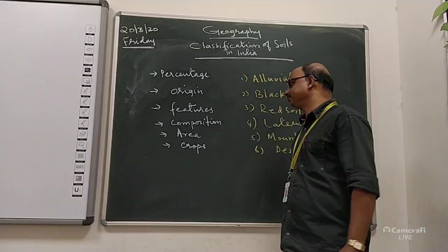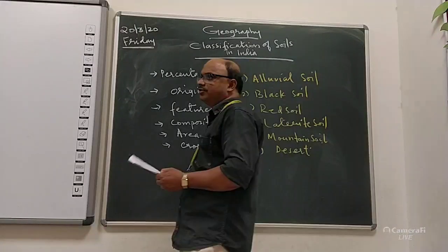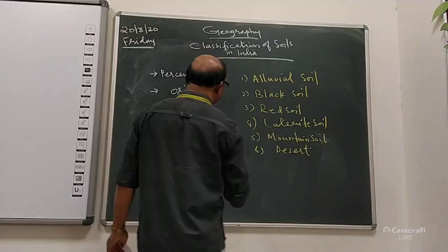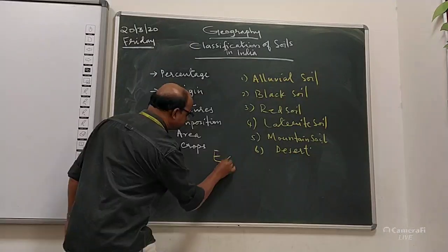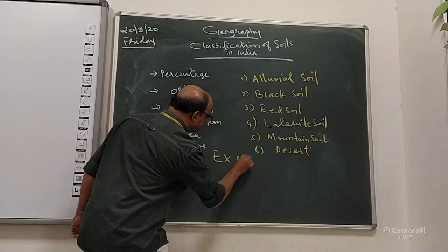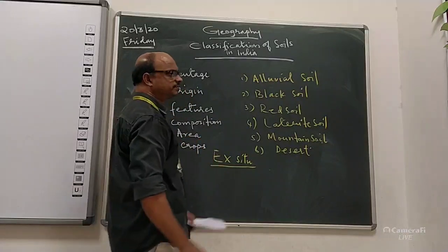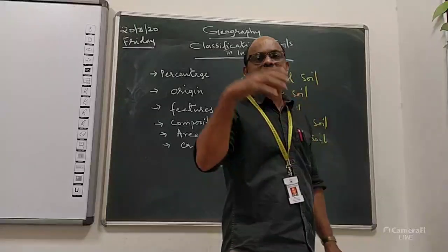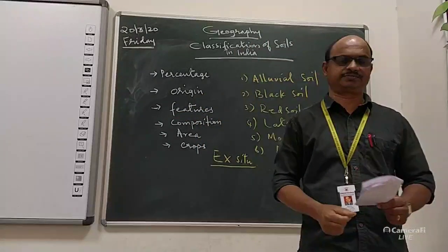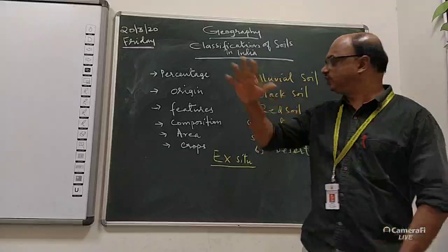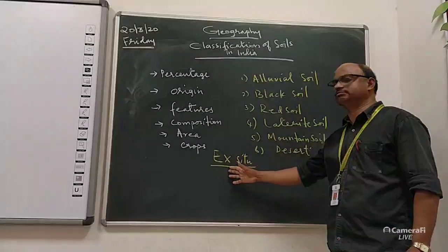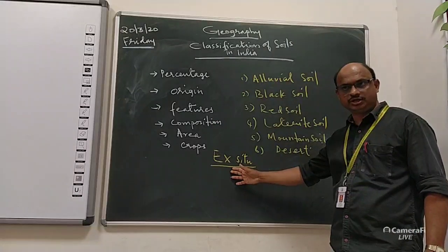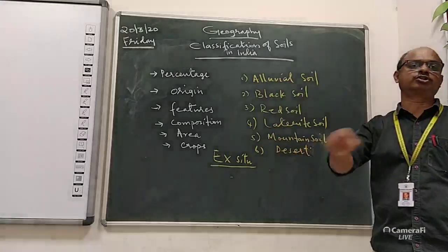What are the features? Here we discuss that it is an ex situ soil. Ex situ soil means it formed in one particular place, but at present it is somewhere else. For example, before that it was in the Himalayan region, now it is in the north.